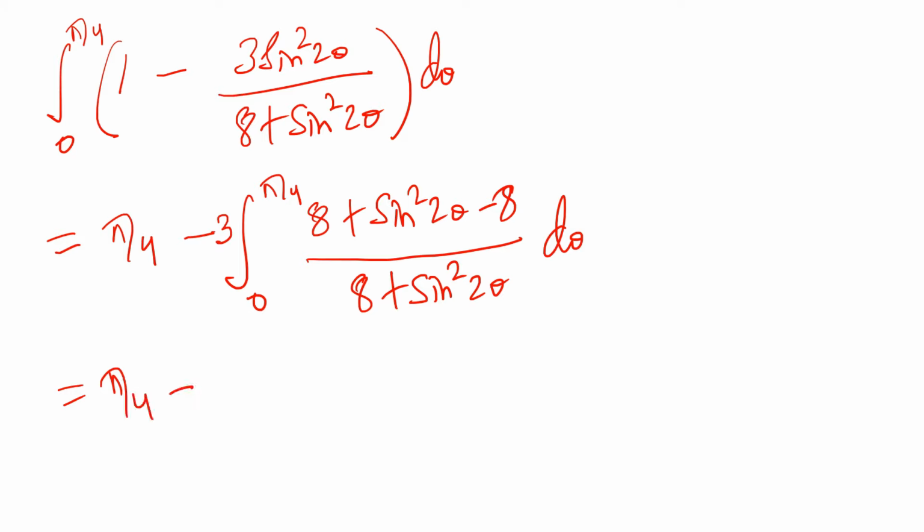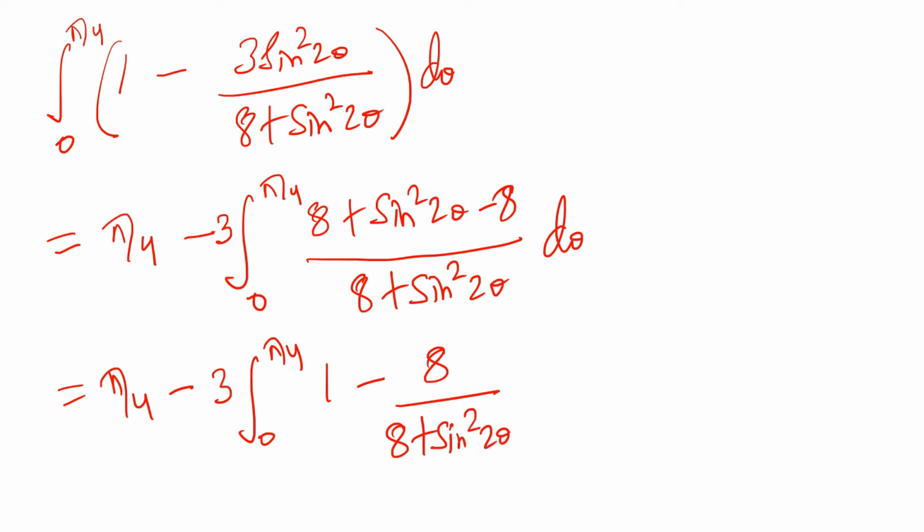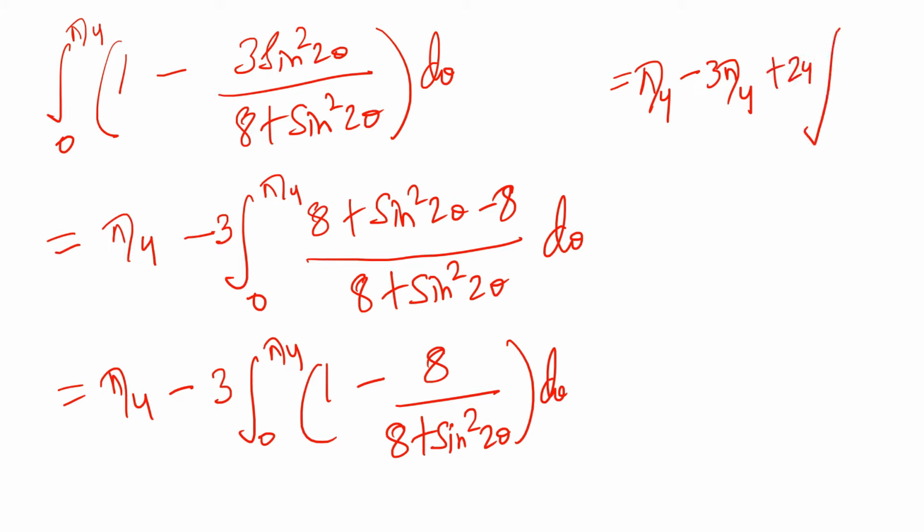So now it becomes minus 3 times integral 0 to pi by 4, 1 minus 8 upon 8 plus sin square 2 theta d theta. Fine. So finally this expression can be written as pi by 4 minus 3 pi by 4 plus 24 into integral 0 to pi by 4 d theta upon 8 plus sin square 2 theta. Now students, we can easily integrate this expression.